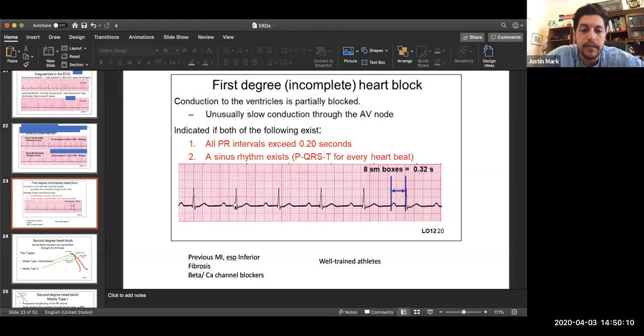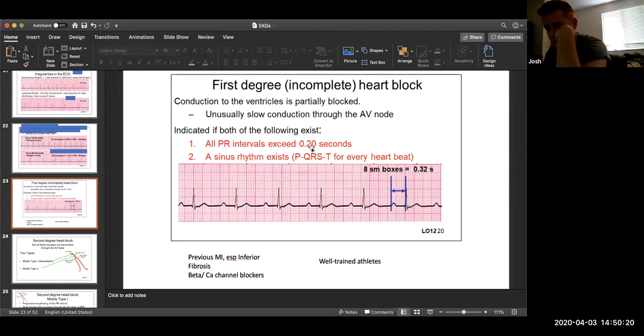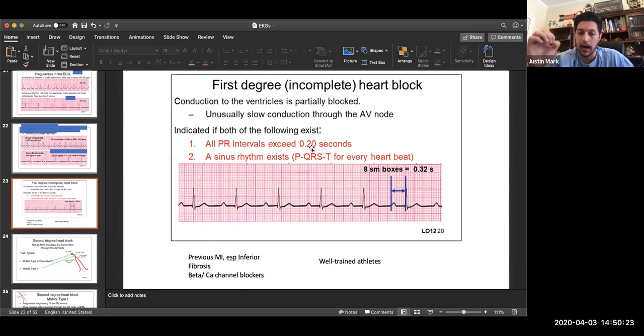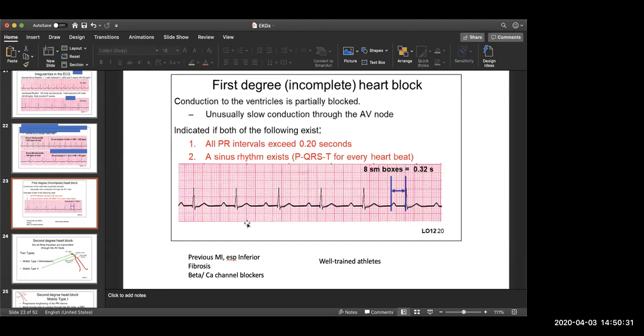You can count every little box if you want, or you can eyeball it. We know that 0.2 is how many little squares? Five, or one big box.